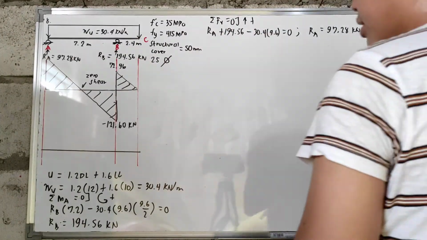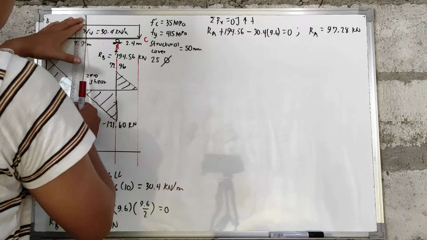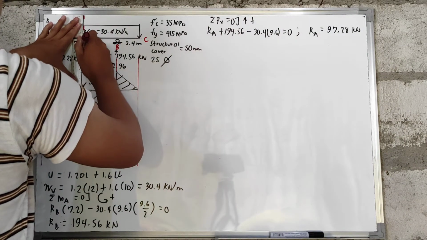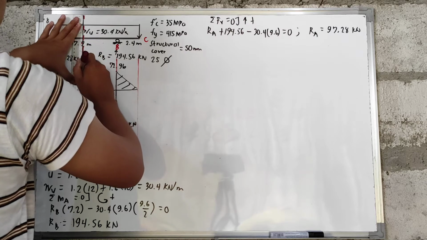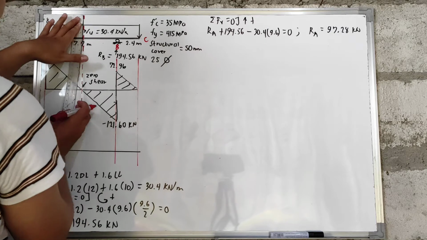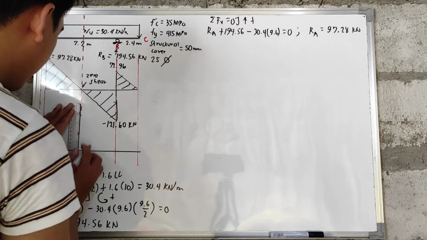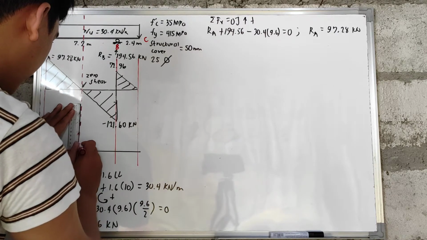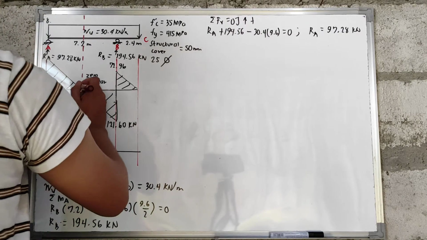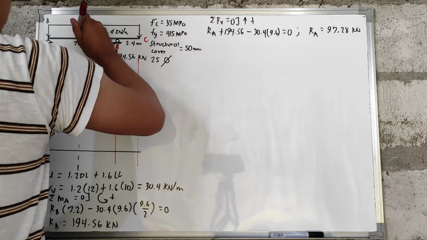So in computing for your 0 shear, i-include natin yan dun sa moment diagram natin. So we will have an additional point. So let's say yung additional point natin, sabihin natin na that is the point D. Ito yung point D natin.